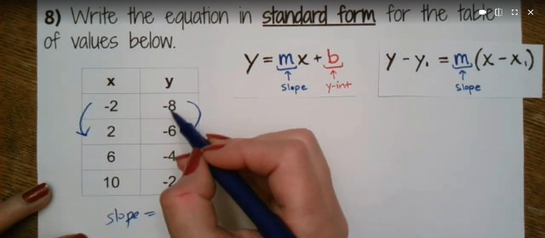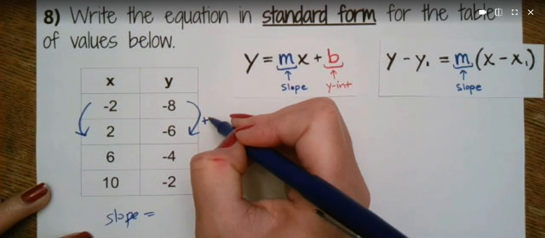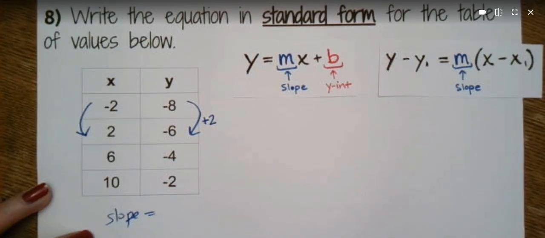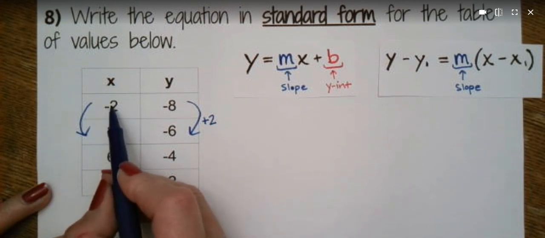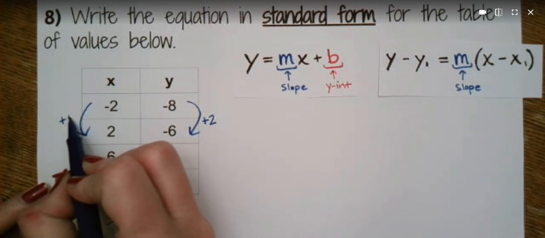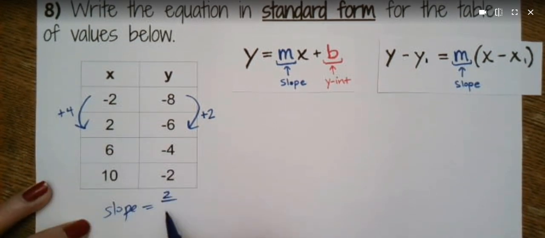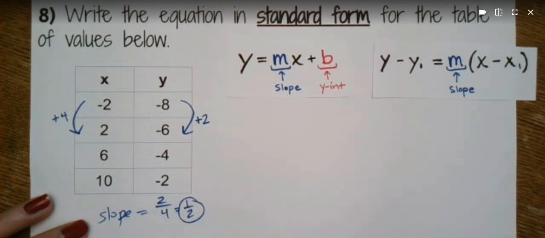So when we go from -8 to -6 on the number line, we're moving to the right 2 places in the positive direction. That's a change of +2. And when I move from -2 up to +2 on the number line, I'm increasing by 4. So the change in y is 2, the change in x is 4, which would give me a slope of 1/2.